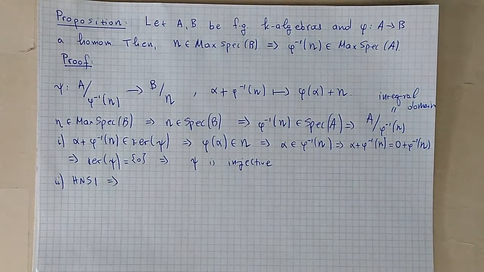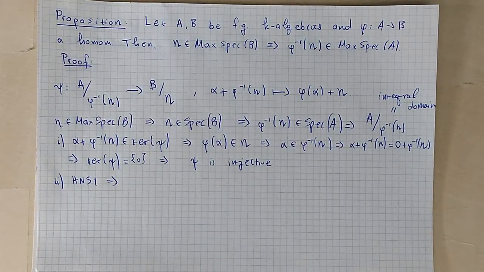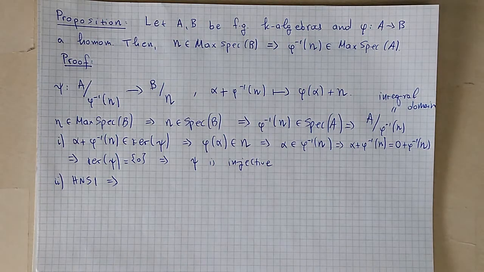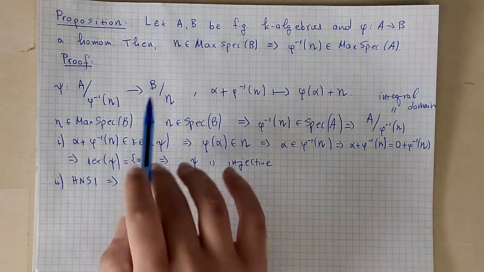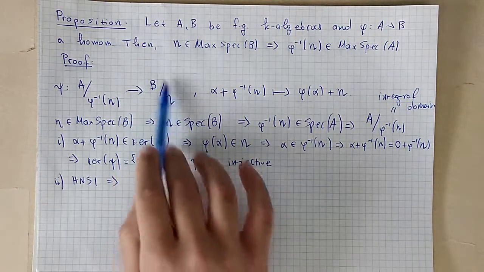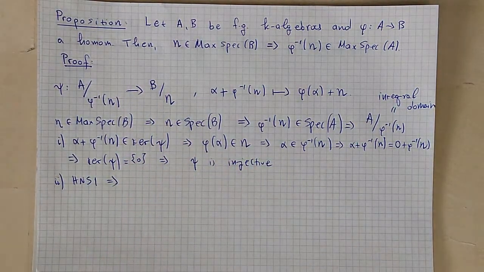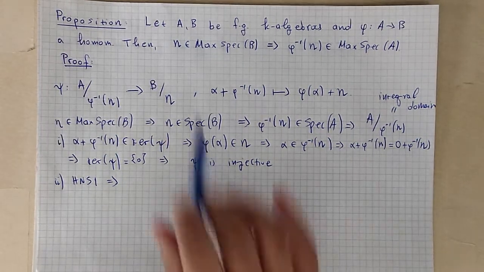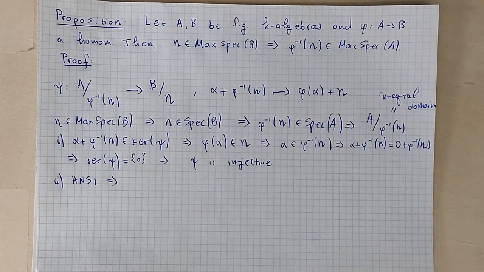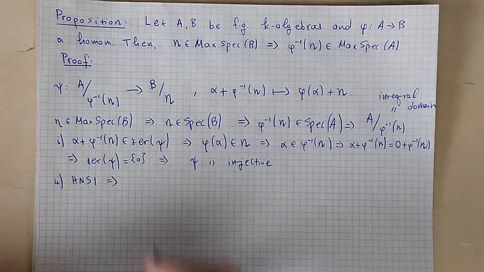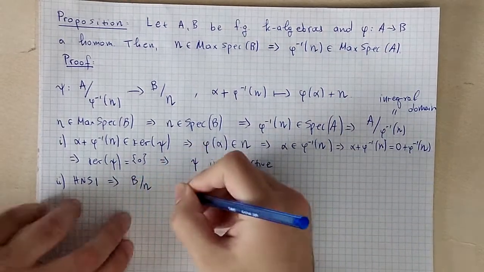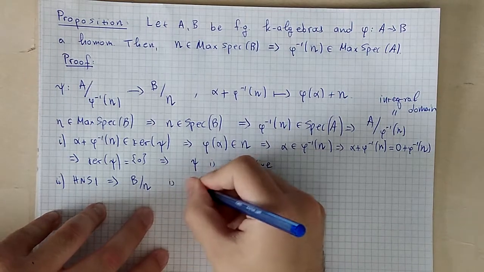The first version said that if we have a finitely generated K algebra, and that K algebra happens to be a field, then it's also algebraic over the field K. But now we assume that n is maximal, which means that B mod n is a field, and it's also pretty obvious that it is a finitely generated K algebra, since B is that. So this implies that B mod n is algebraic over K.